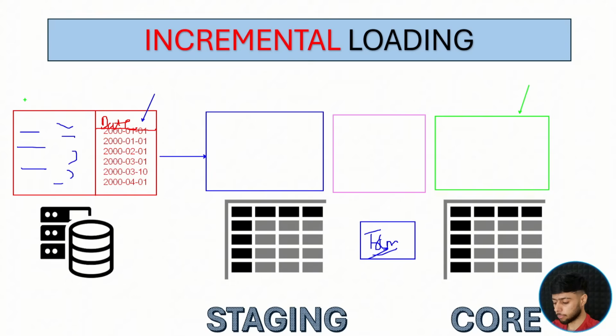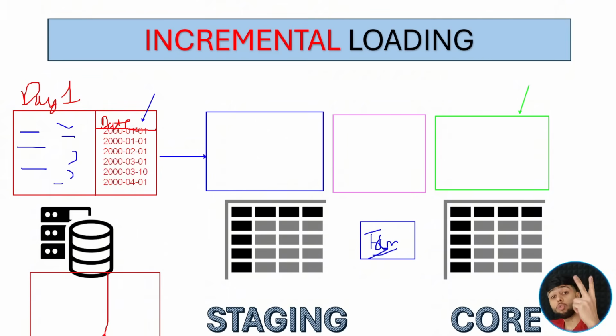This was day one, or let's say day one with the history of the records. So far we have these records. Now on day two, we have this data. Let me create it here. The next day we have two more records.